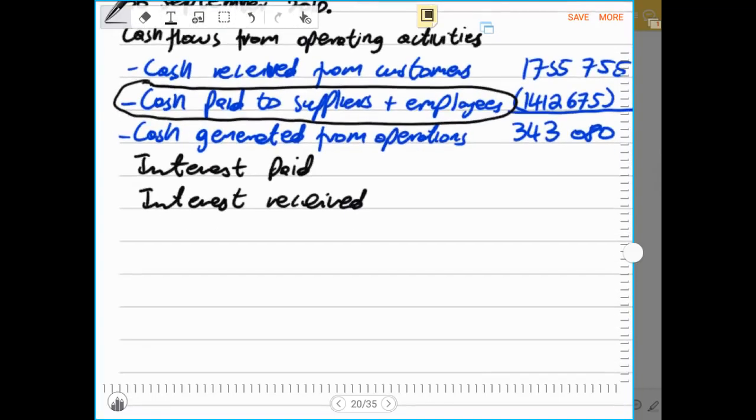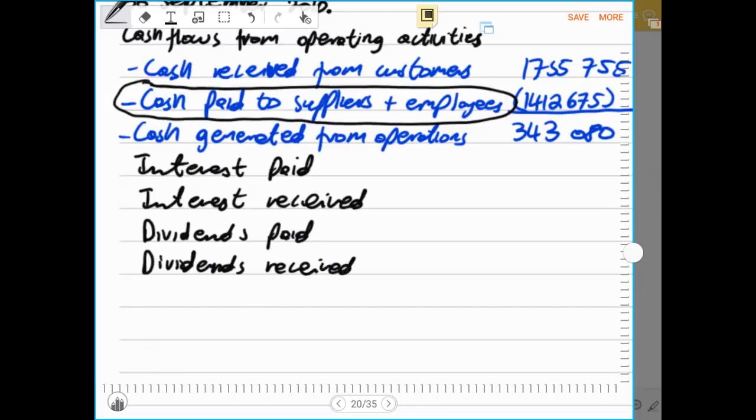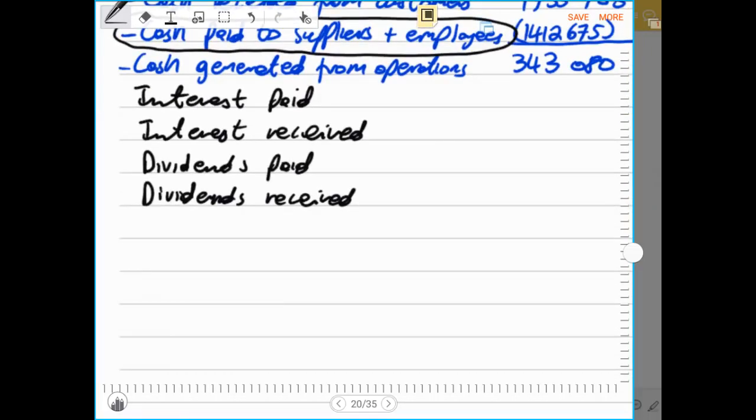Then after that we have dividends paid and dividends received. Then after we have normal taxation paid, normal tax paid.